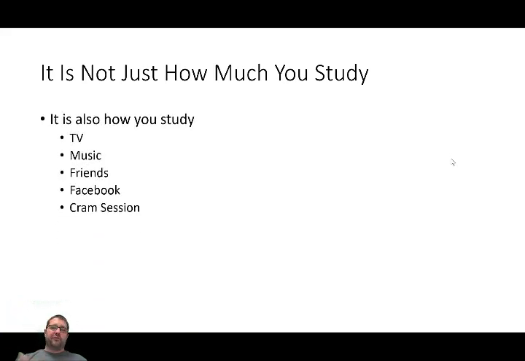If you study with the TV on, music on, friends, Facebook, TikTok, all the social medias out there, and that's how you're studying, with that little device in your pocket or next to you, dinging you because your friends are out having drinks or out watching a movie, and you're supposed to be studying, and you're like, oh man, I wish I was at that movie.